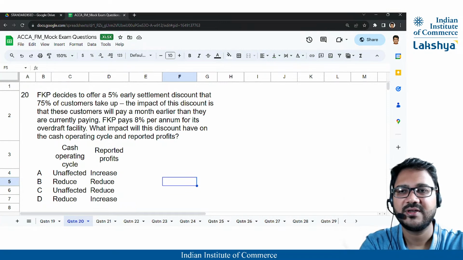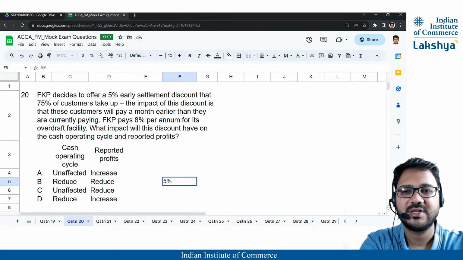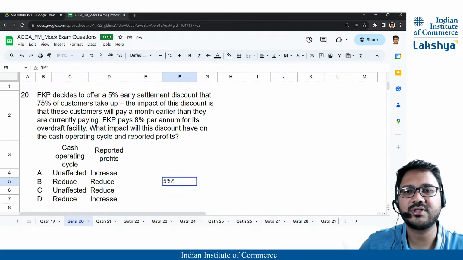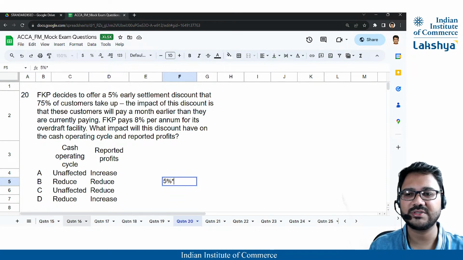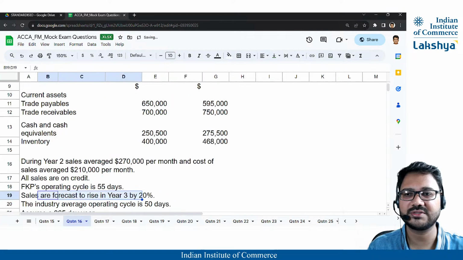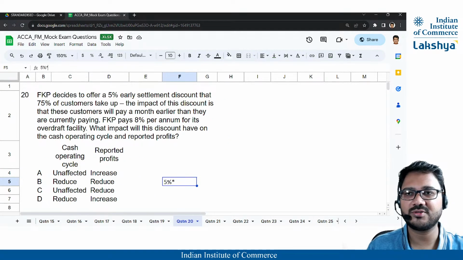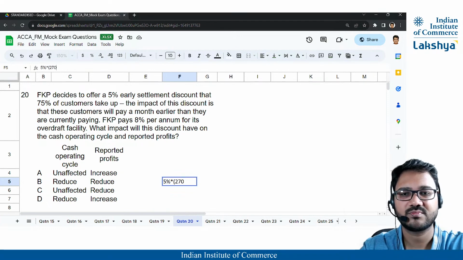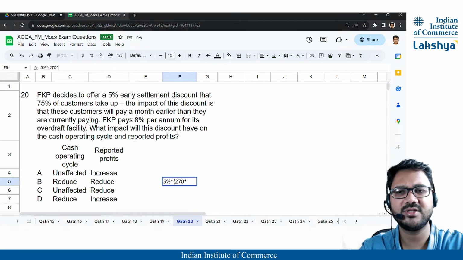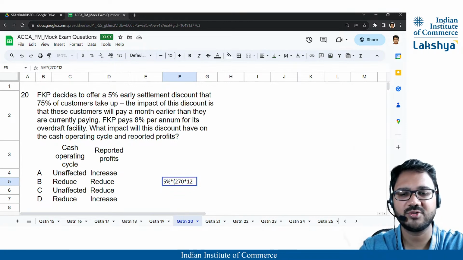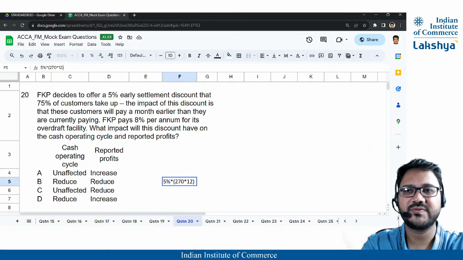The cost is a 5% discount on a sale of, now which year? I think we are to do it with the current year only because nothing explicitly is mentioned. So we have to go back to the question and see the sales figures. The sales average 270 per month, which means we have to find annual sales, because we are calculating annually how much discount we are going to provide, so times 12.